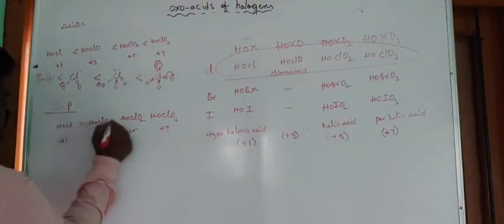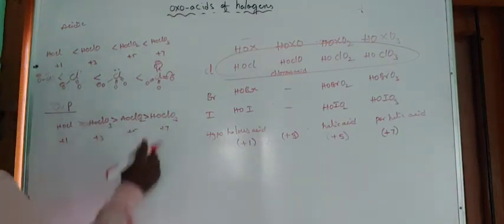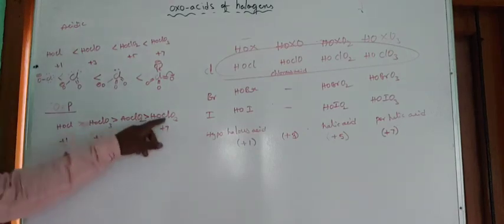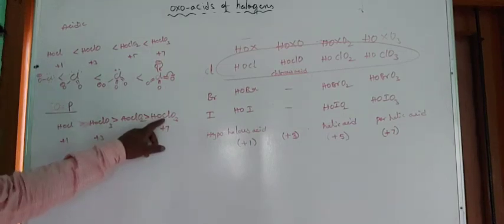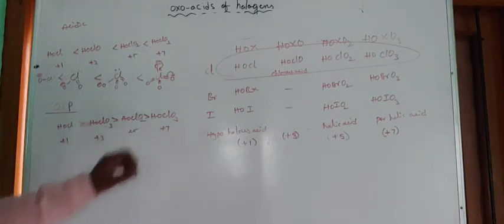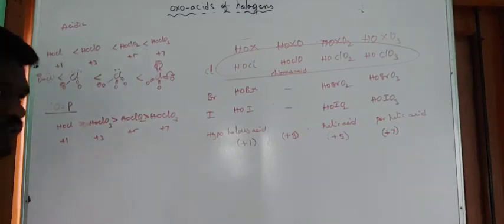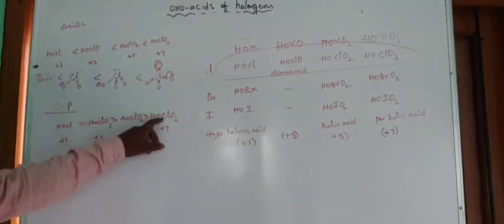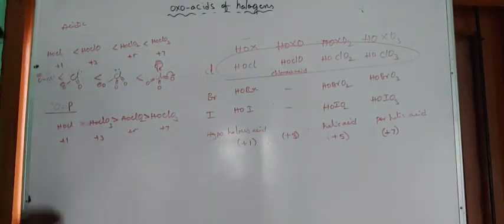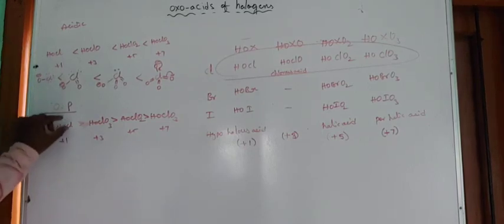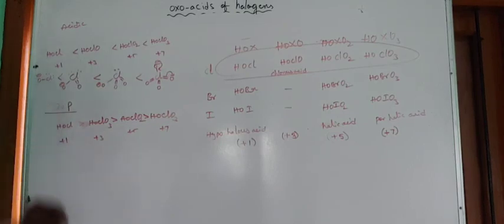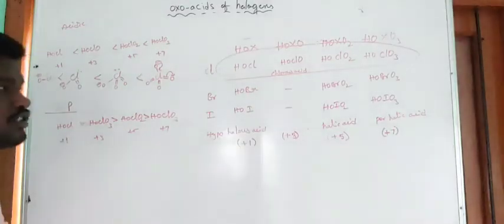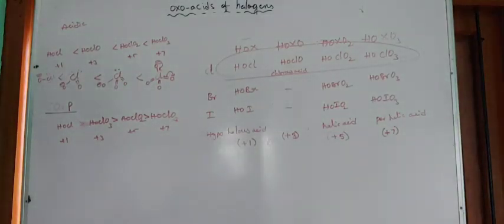So this is the order of oxidizing power. Here chlorine is more stable, so this one does not like to act as a strong oxidizing agent, because it is stable in the +7 oxidation state. And in the +1 oxidation state, chlorine is less stable, so this one acts as a strong oxidizing agent. So this is about the oxoacids of the halogens.